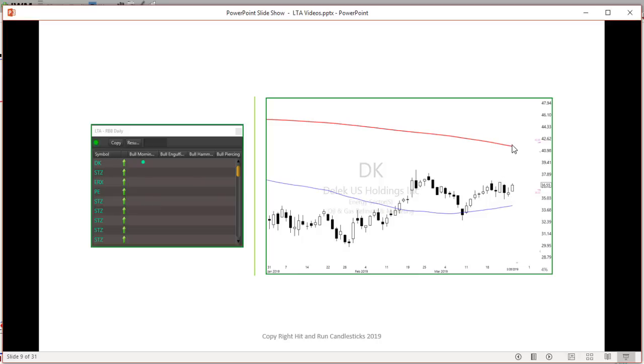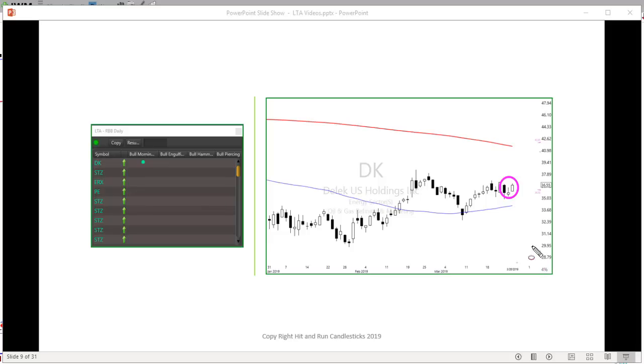Between here and the 200, between the 50 and 200, right in here, that is still an RBB setup. You don't have to buy them or always be looking for them bouncing off the 50-day simple. So here I'm being alerted that DK is in fact an RBB setup, and I'm being alerted that it's a morning star signal. We can see the morning star signal here, right there.